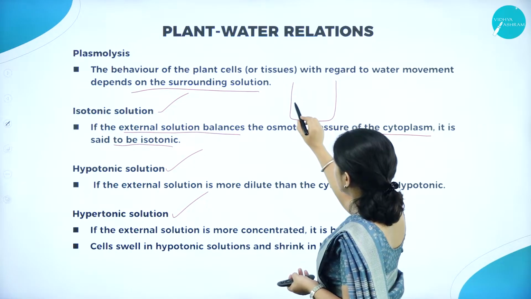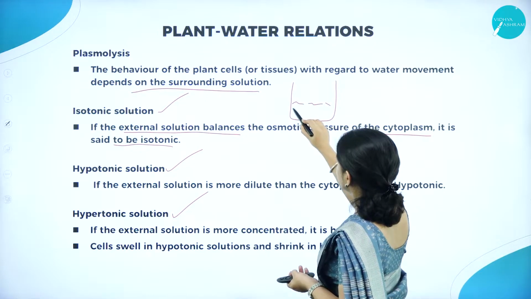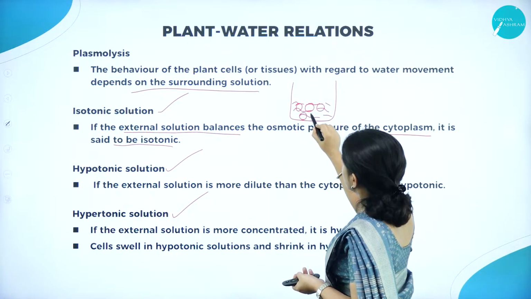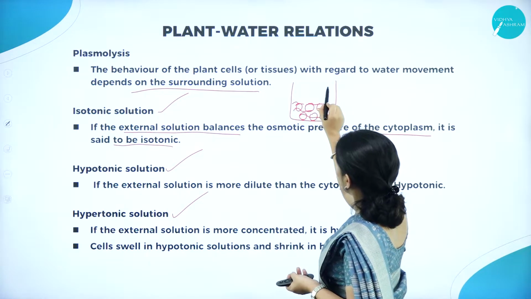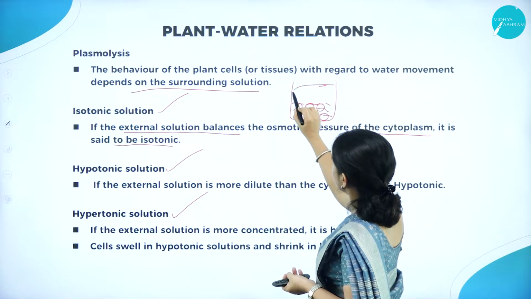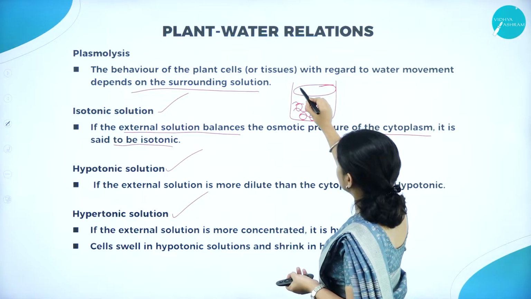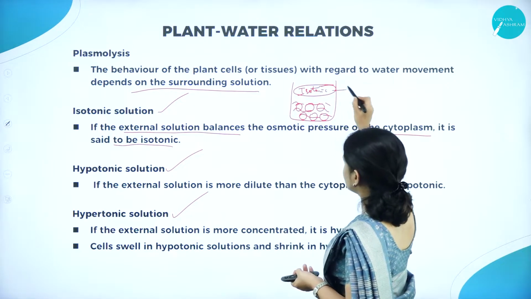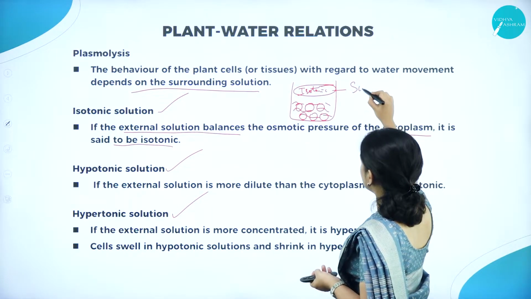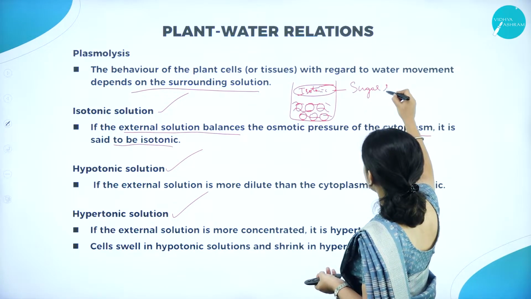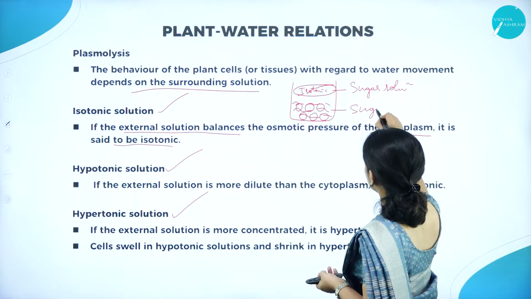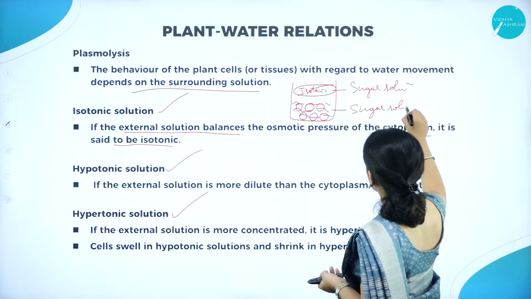In this beaker, there is a solution and there are cells in it. And here the external solution is isotonic. Say, for example, this is a sugar solution, and this is also a sugar solution, right?